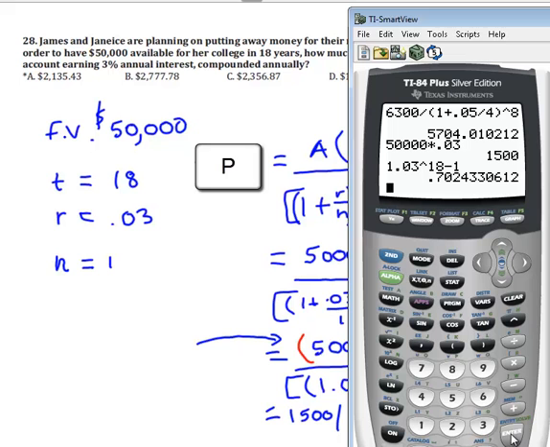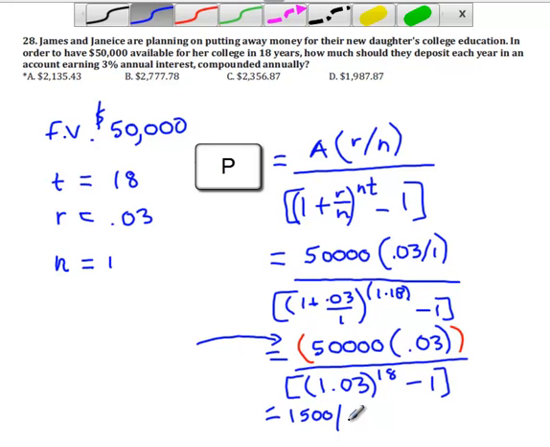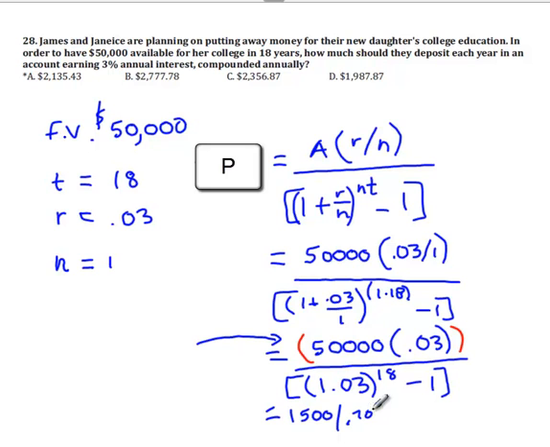0.7024330612. So I'm going to write that down. 0.7024330612. I want to verify that I have that right.